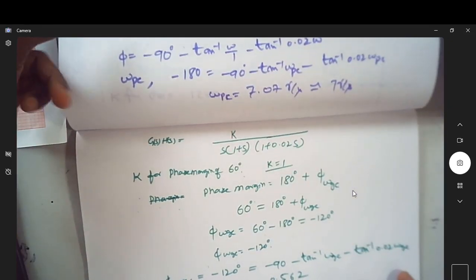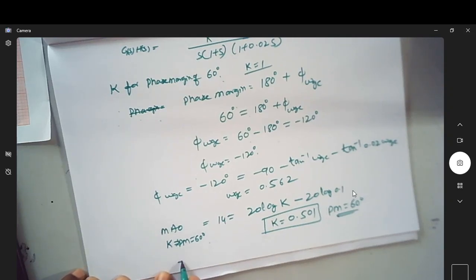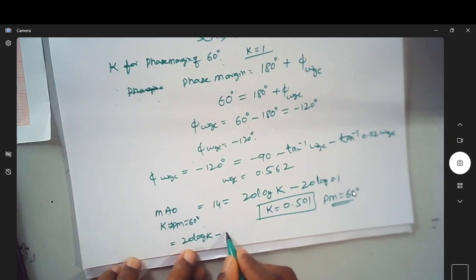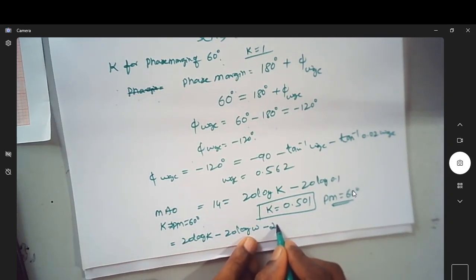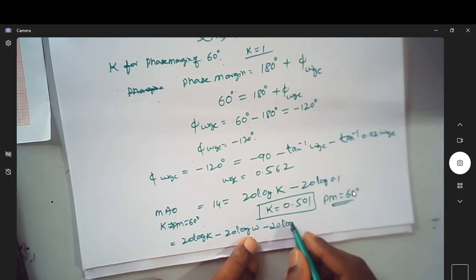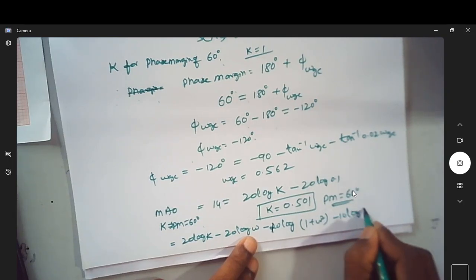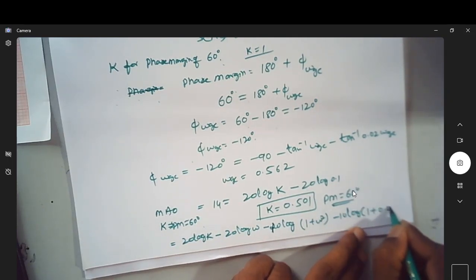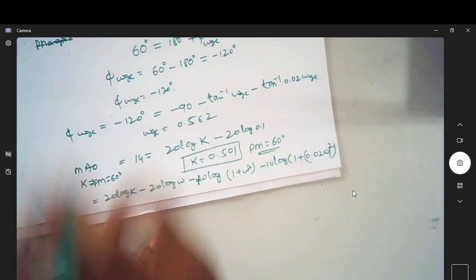Shall I write it as 20 log K minus 20 log omega minus 10 log of 1 plus omega square minus 10 log of 1 plus 0.02 omega whole square. This is my magnitude equation for this plot.